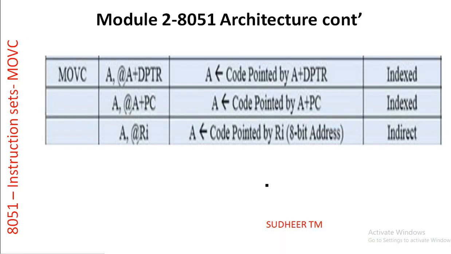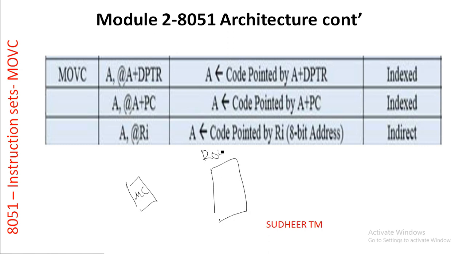Next, MOVC A instruction. The content of the external ROM memory will be copied to the accumulator. MOVC A, @A+DPTR. Already I taught you: content of accumulator plus DPTR gives the address in external memory, and that data is copied to the accumulator. So we have the microcontroller here and the external memory.